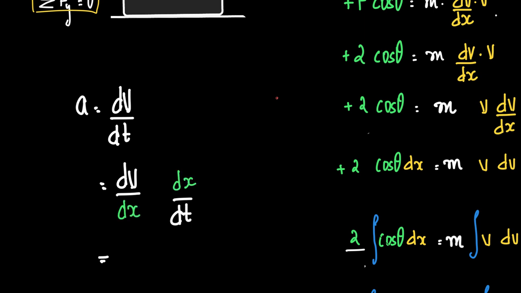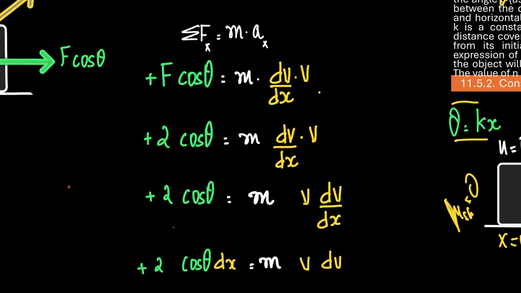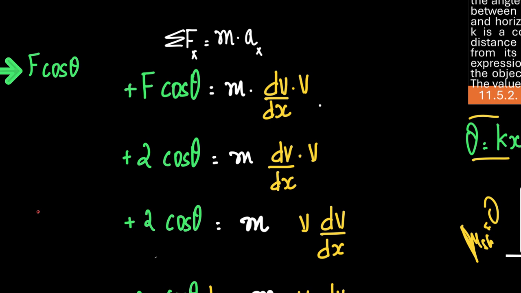Dx by dt is velocity, and dv by dx remains as such. So acceleration can be written as v times dv by dx.